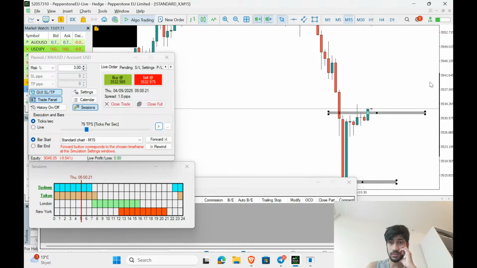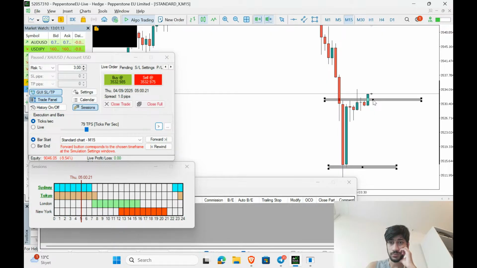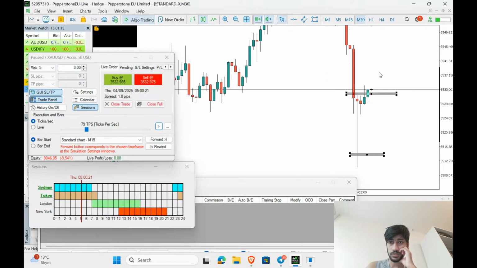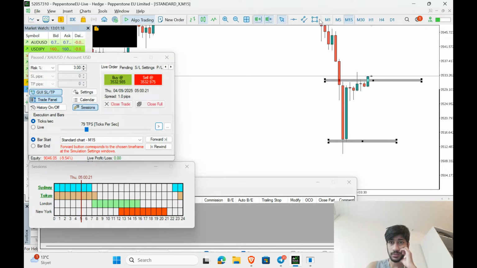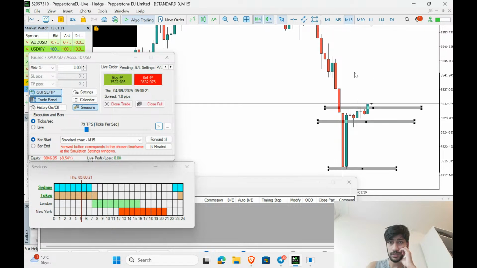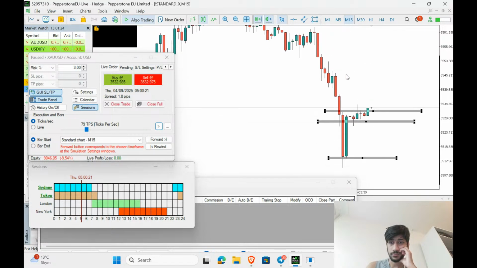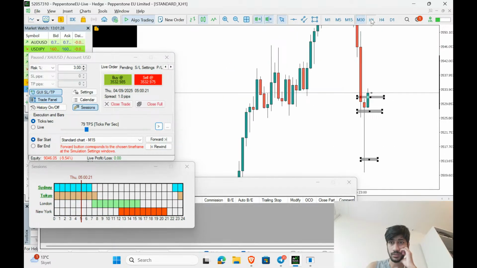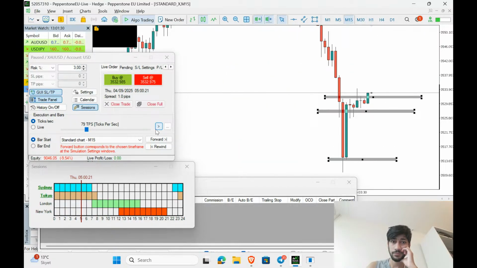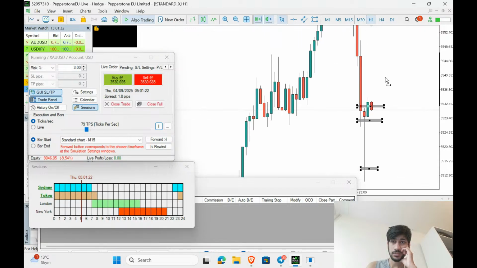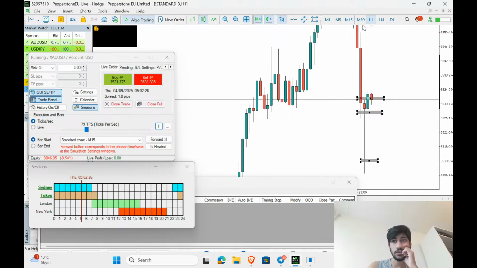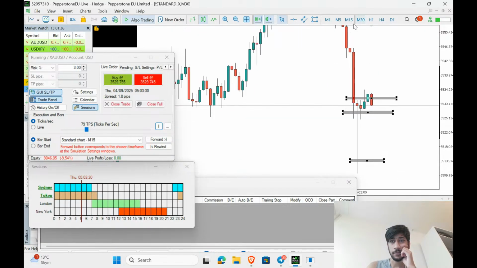We should not disrespect the market structure on the time frame. So I don't want to buy. This is a proper counter trend trade if I want to buy.